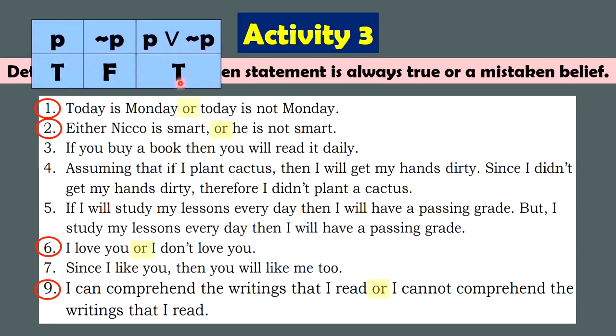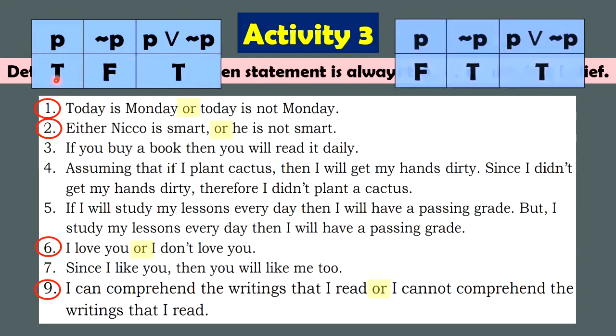It is true, kasi may isang true. The other case is, when today is Monday is false, yung today is not Monday, true yon. Kapag pinag-combine nyo yung dalawang yon using the word or, true pa rin yon, kasi may isang true.